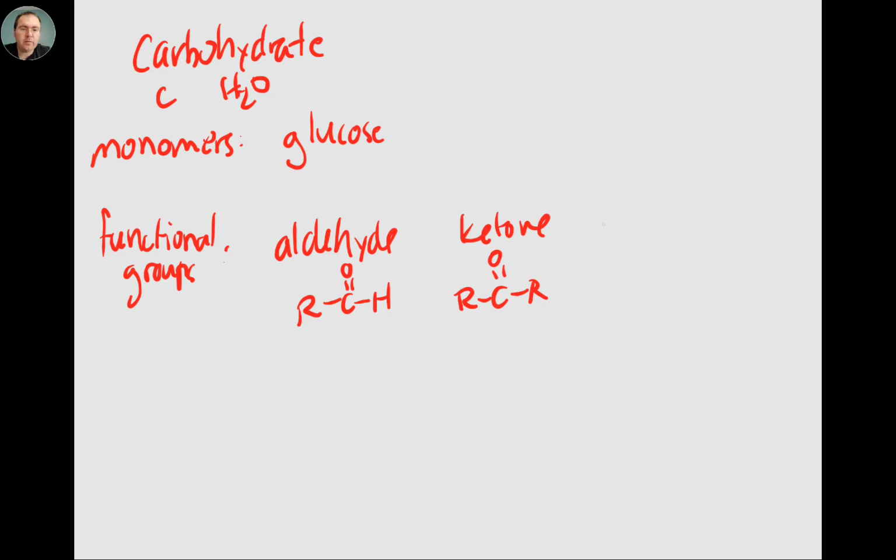They also have alcohols. So notice these groups are very different than amino acids in the previous section. There's no nitrogens, for example. So whether you take an aldehyde or a ketone, it's one, not both, one of those, and lots of alcohols.